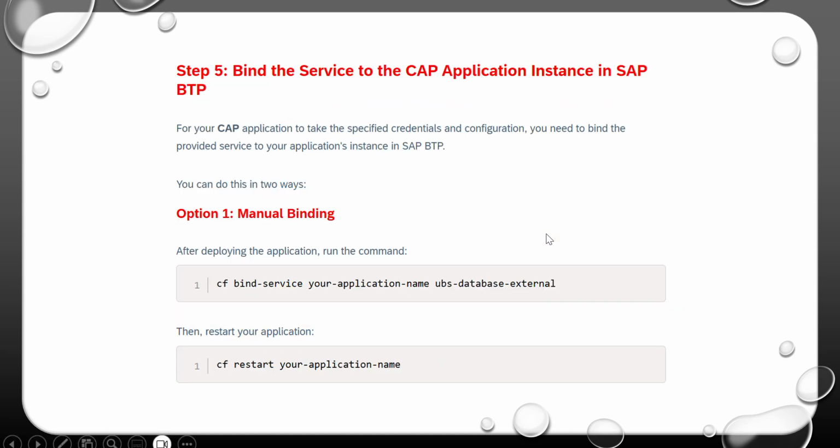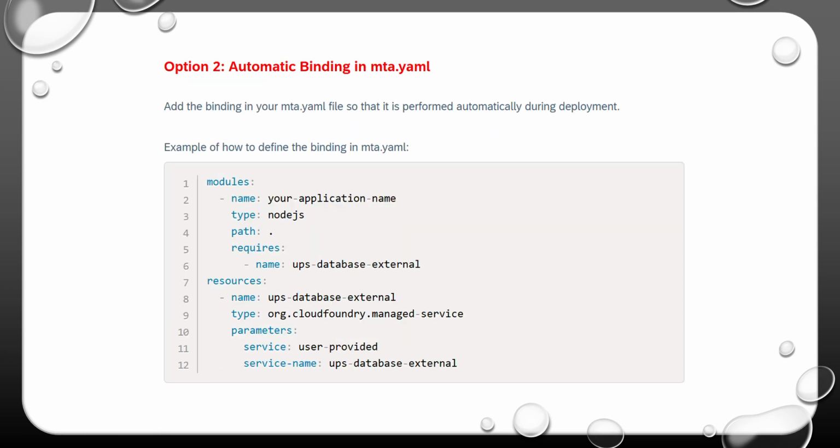In case you don't know this manual step, you can also do it automatically by choosing an option in the template. If you maintain that, it will come automatically. If it's not there, just copy these things and maintain them in your mta.yaml file. Then it will support you in the deployment.